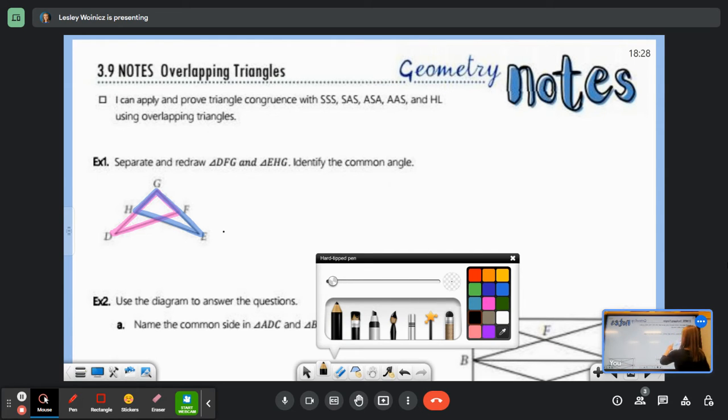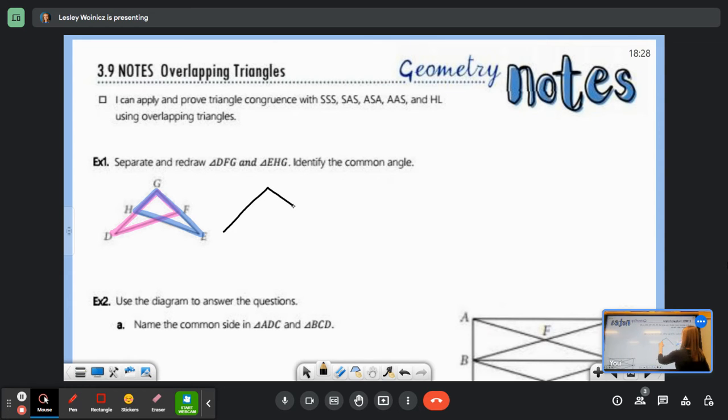Okay, so this is my first triangle, DFG. And then I have to draw the other one as best I can. It's not going to be perfect, but you get the idea. This would be EHG.